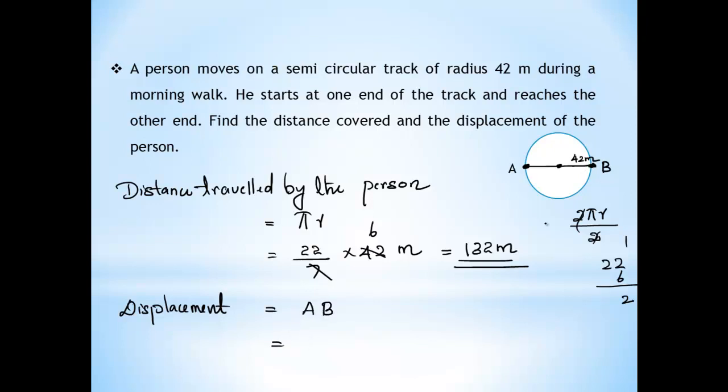Now, the radius is 42 and AB is the diameter, so we can write 2 into 42, which is 84 meter. The displacement of the person is equal to 84 meter, and the distance traveled by the person is equal to 132 meter. Distance is the path covered by the person and displacement is the shortest distance between initial and final position.